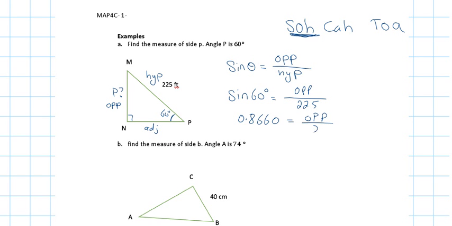And then you can cross multiply, so I'm going to have to multiply the 225 by 0.8660. And what's my answer? 195.85. So that would be 195.9, because I needed one decimal place.